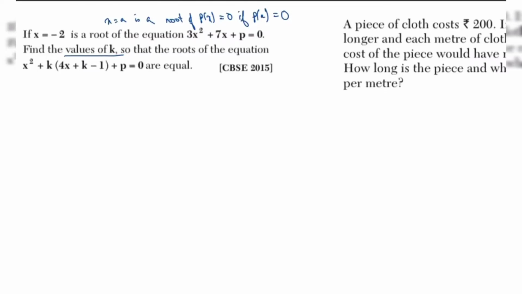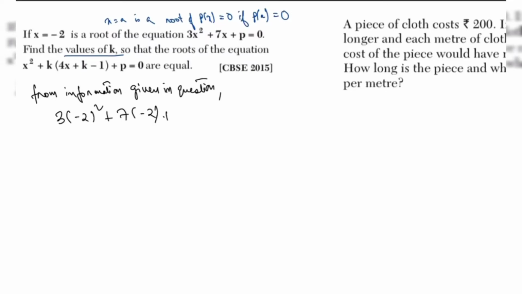So what it says, from the information given in the question, is 3 times minus 2 square plus 7 times minus 2 plus p equals 0, implies 12 minus 14 plus p equals 0.